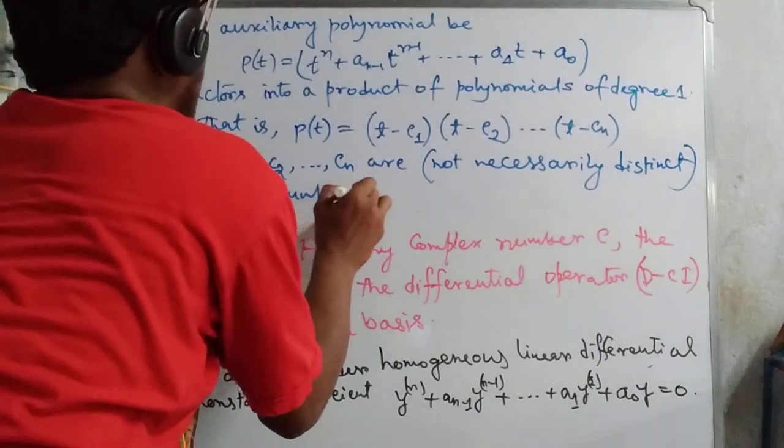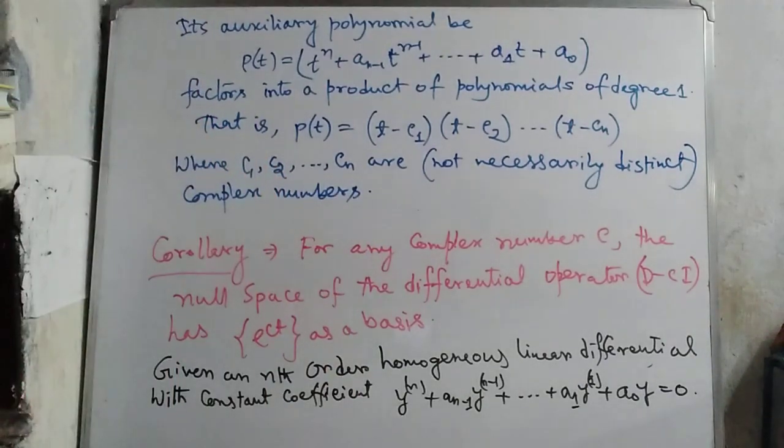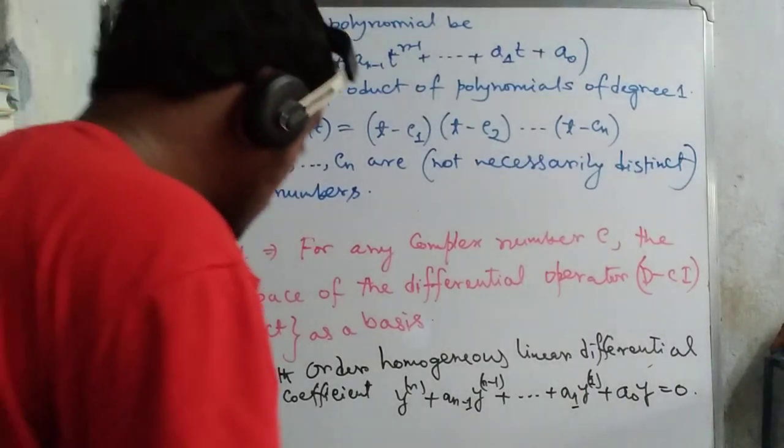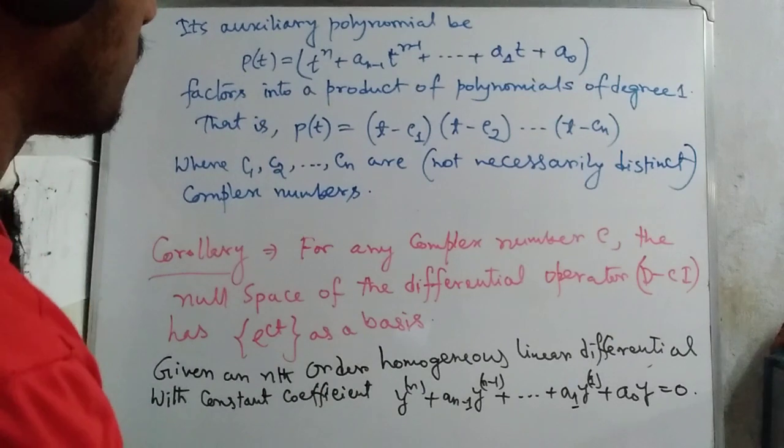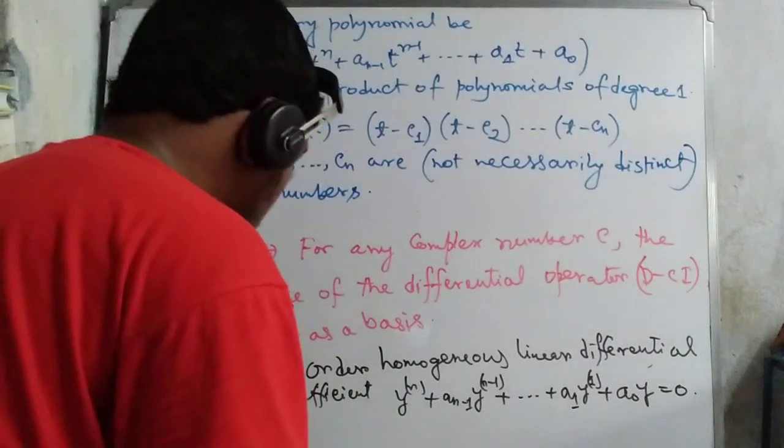Understood, not a problem at all. That means its auxiliary polynomial obviously factors into polynomials of degree 1.